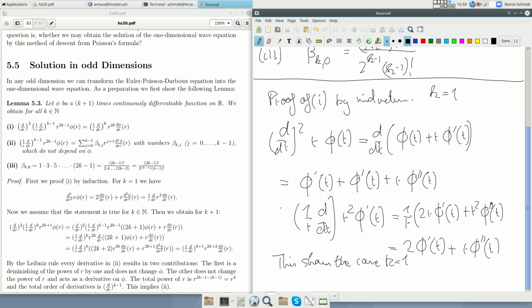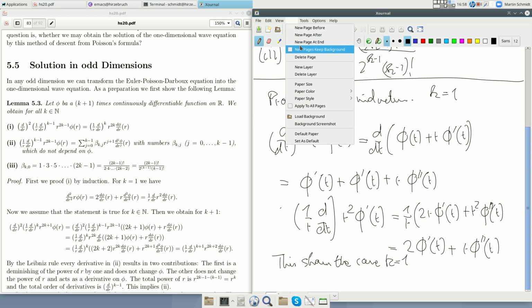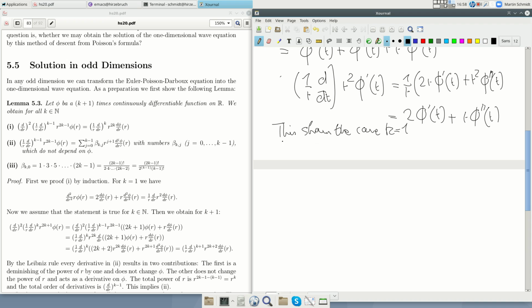Now we do the induction. Let us now assume that the formula holds for k, some natural number k.